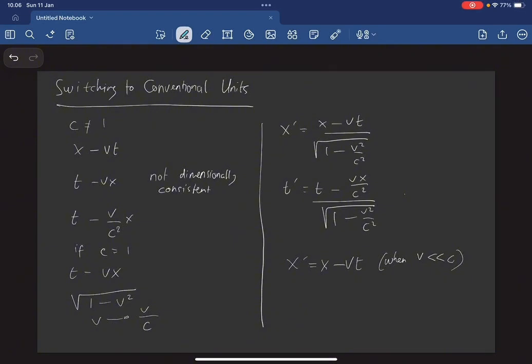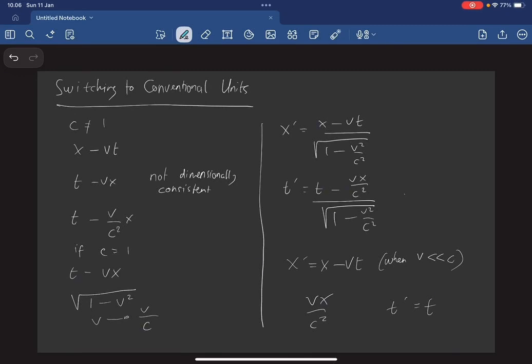If the velocity of the moving frame is small, the second term in the numerator, or this one, is negligible, and to a high degree of approximation, the second equation of the Lorentz transformation becomes the same as t prime equals t, or the Newtonian transformation.